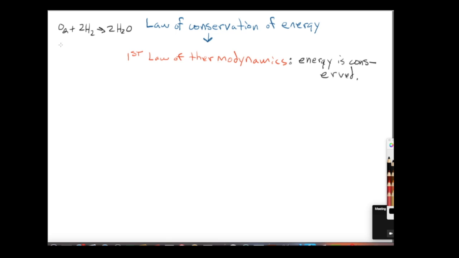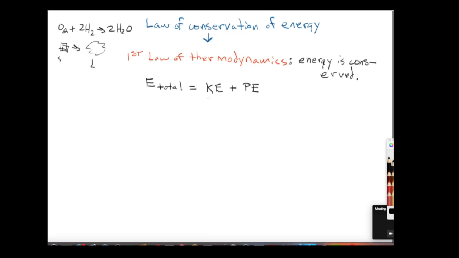If we're melting an ice cube as a physical process, then over here we have the liquid and here we have the solid. For anything like this, whether it's a physical process or a chemical reaction, the total energy change is always going to be the sum of the kinetic energy plus the potential energy.